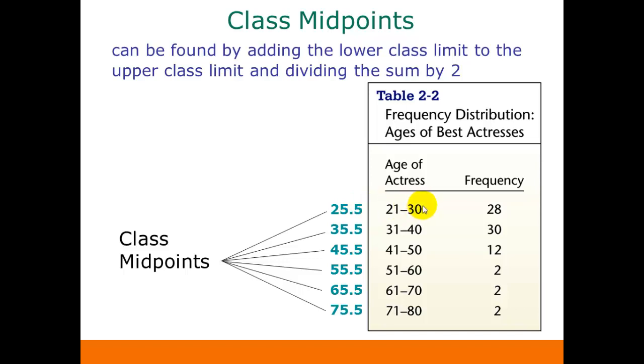So for the first class here, if we add 21 to 30, that gives us 51. If we divide 51 by 2, we get 25.5. So all of these would be our class midpoints. And again, we'll actually use these for something later on. So right now all we're concerned with is just calculating them.